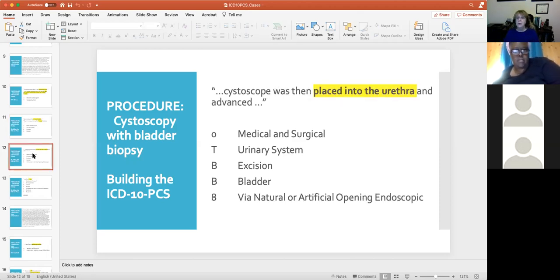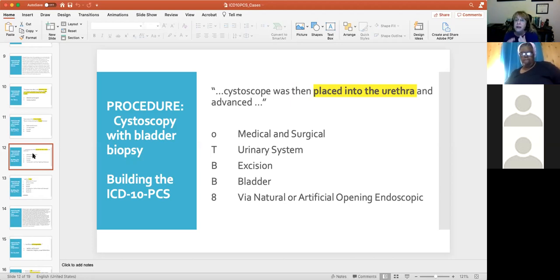Next, we have to determine the approach. You'll notice the case study said the cystoscope was placed into the urethra. This time, unlike the first one where we had to figure out what a bougie is and know how it works, the case study told you directly.